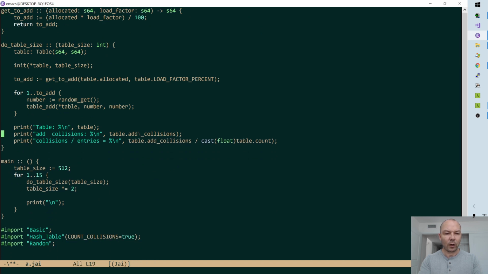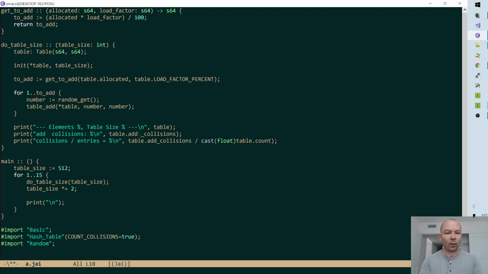We don't want to print the whole table. Let's just go, table size whatever. And let's just say elements. How many elements did we add? And the table size.